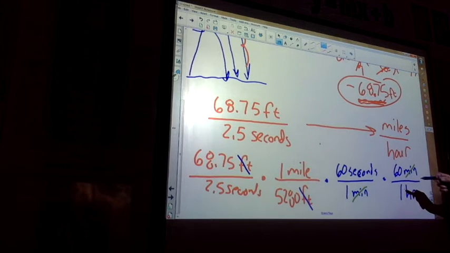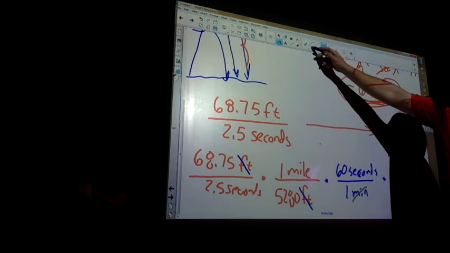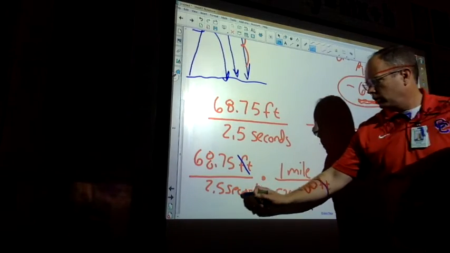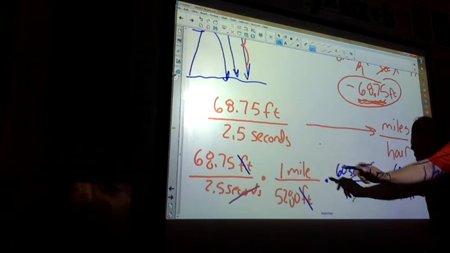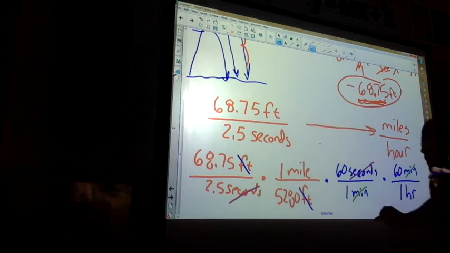They cancel each other out. Notice the numbers are still there. I'm not reducing anything. Okay? And then I have seconds right here. Do I have seconds downstairs anywhere? Right there. Yeah, in the very beginning. So now, what will my units be? What will my units on top be? Miles. What will my units on bottom be? So if we do this math correctly, we are going to get miles per hour.